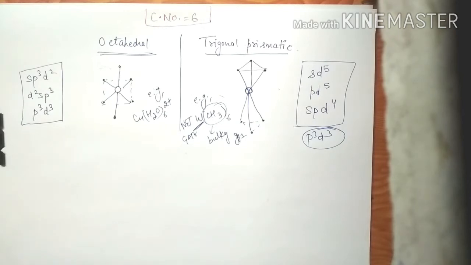So this is the introduction of octahedral and trigonal prismatic complexes, and we can primarily decide whether a particular complex is octahedral or trigonal prismatic.